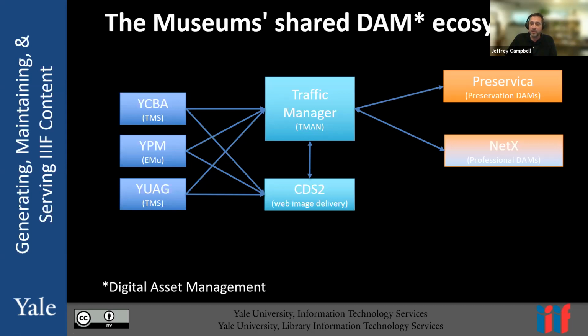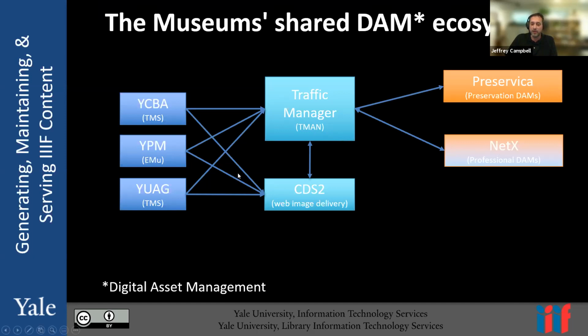The museums are responsible for pushing data and copies of the master images to Traffic Manager, or TMAN. TMAN is a custom workflow application which manages getting master images and metadata into Preservica, which is the preservation DAM, and 4K derivatives of the masters into NetX, which is used as the professional DAM and is accessed by curators, exhibition, and communication staff.